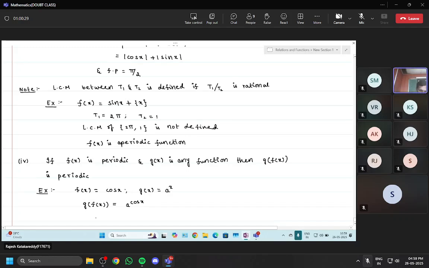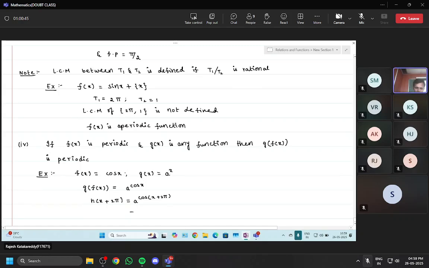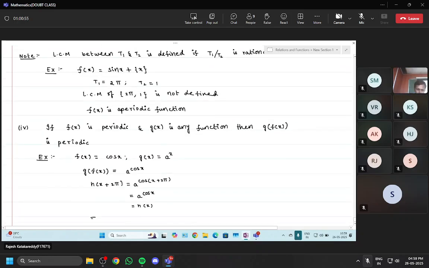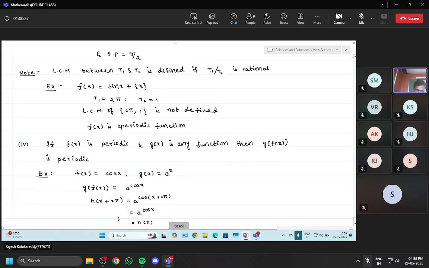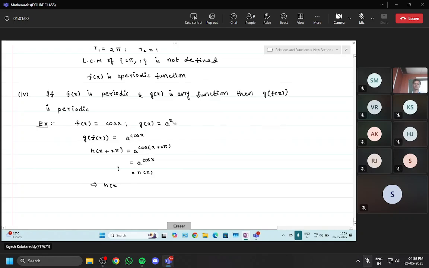Now, this one you call as h of x. h of x plus 2 pi will be equal to a power cos of (x plus 2 pi), cos of (360 plus theta) is cos theta. So a power cos x, which is equal to h of x. This implies h of x is a periodic function.